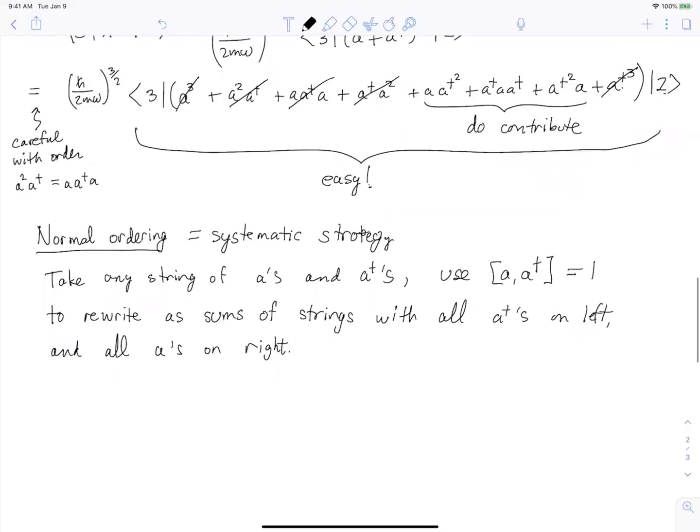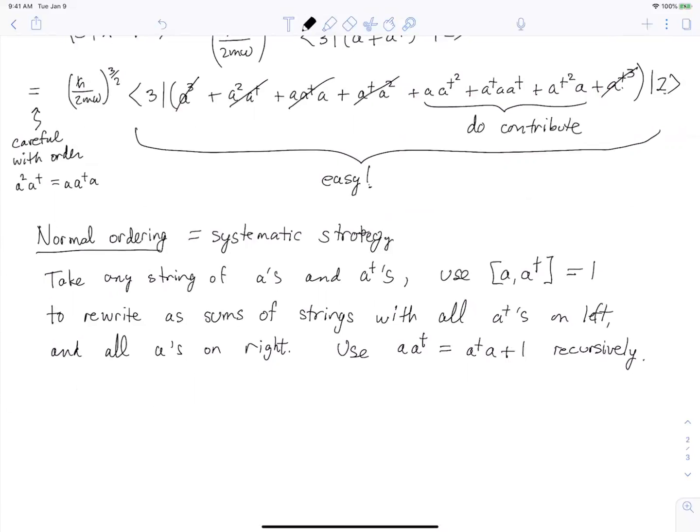Okay, and so to do that, you're using that anytime you see an A to the left of an A dagger, you can rewrite that as A dagger A plus 1. And so you just use that recursively.